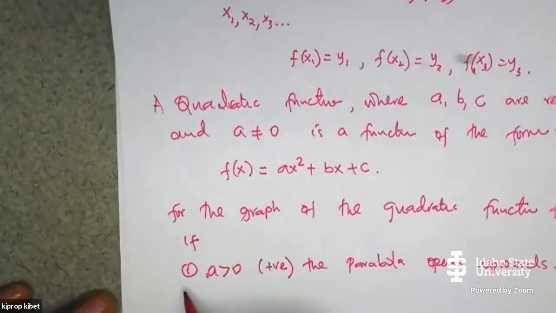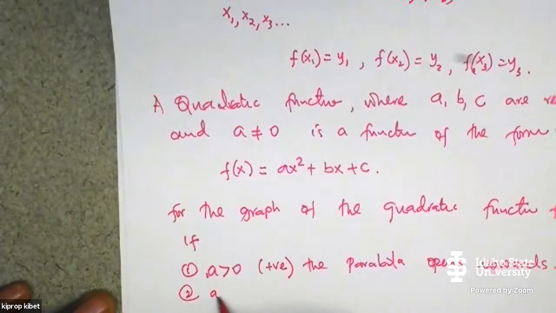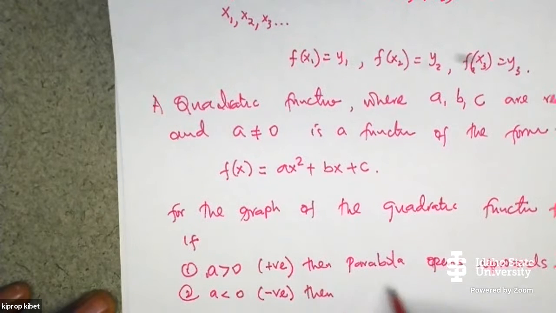Number 2, if a is less than 0, which is negative, then the parabola opens downwards.